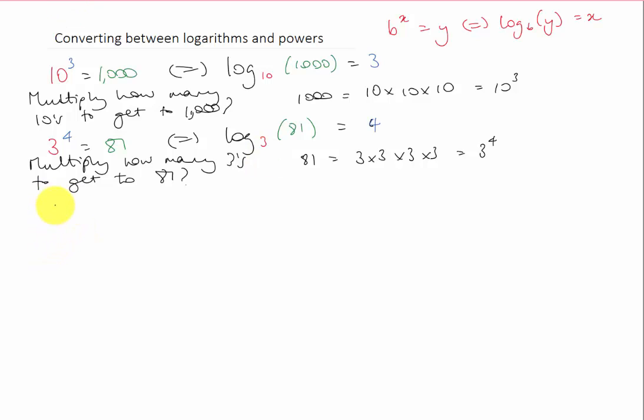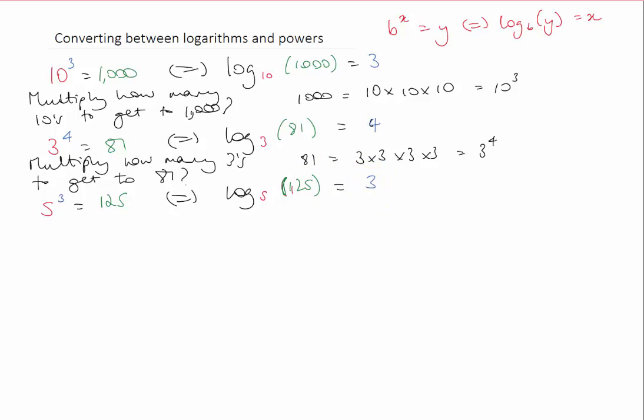And one more. How about 5 to the power 3 is equal to 125. So that is equivalent to saying that the logarithm in base 5 of 125 is equal to 3.